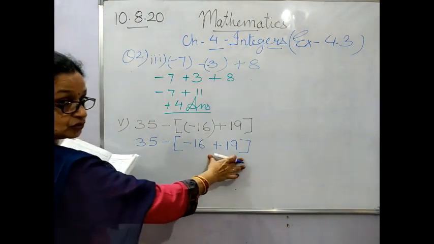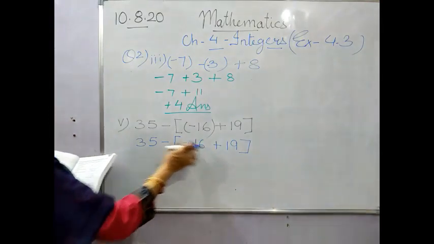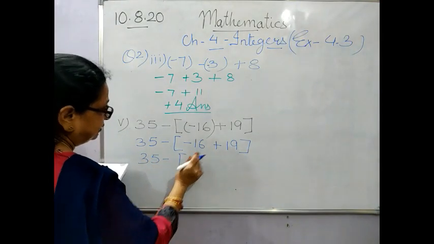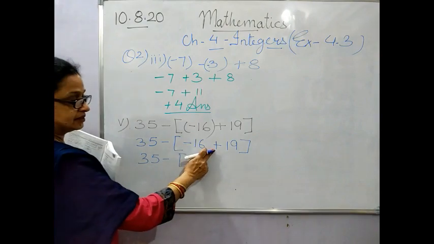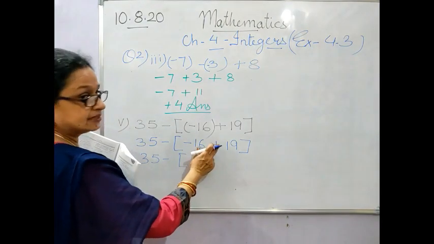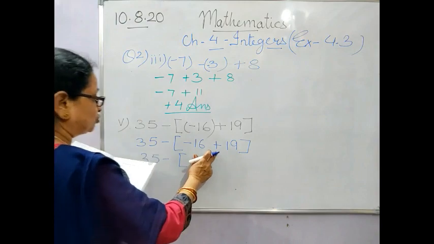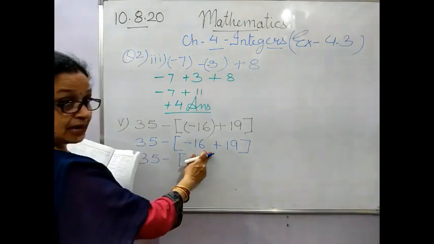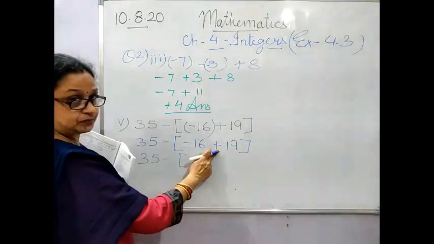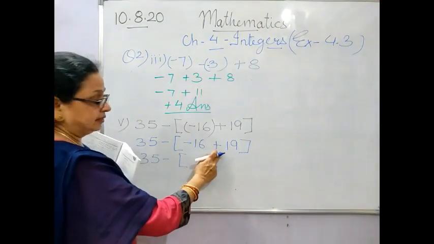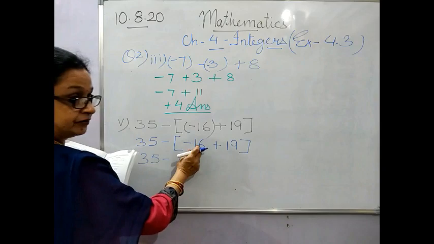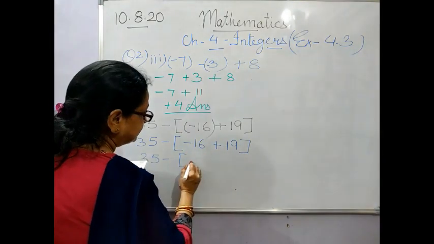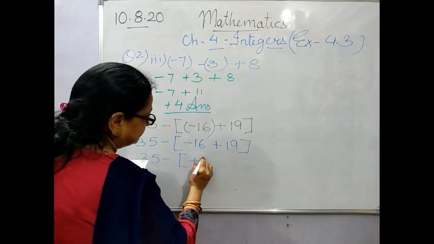Now first we will have to solve this bracket, so we will solve this. This is minus, this is plus. Two different signs, so we have to subtract. From the bigger number we will subtract the smaller number. 16 minus 19 is 3, plus 3.